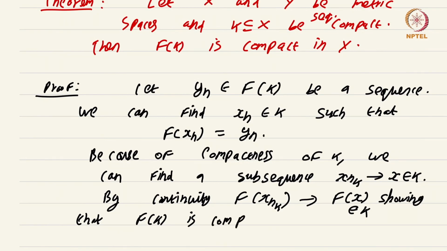So the proof was utterly straightforward and exactly the same proof that we saw in the case of real numbers.